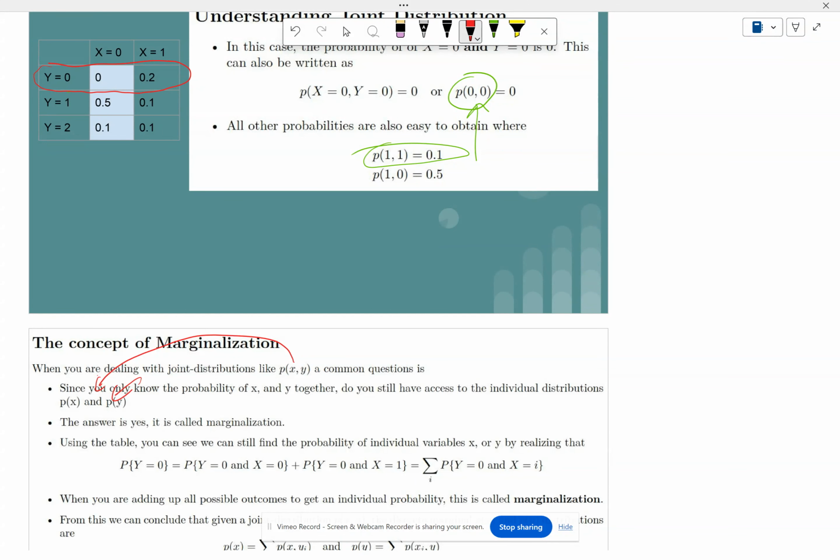The probability that y is equal to 0 is the probability that y is equal to 0 and x is equal to 0, plus the probability that y equals 0 and x equals 1. With y equals 0, there are two possibilities: it's either this one or this one. Therefore, the probability of y equals 0 is the summation of both, because this could happen or this could happen, and then you must sum them up.